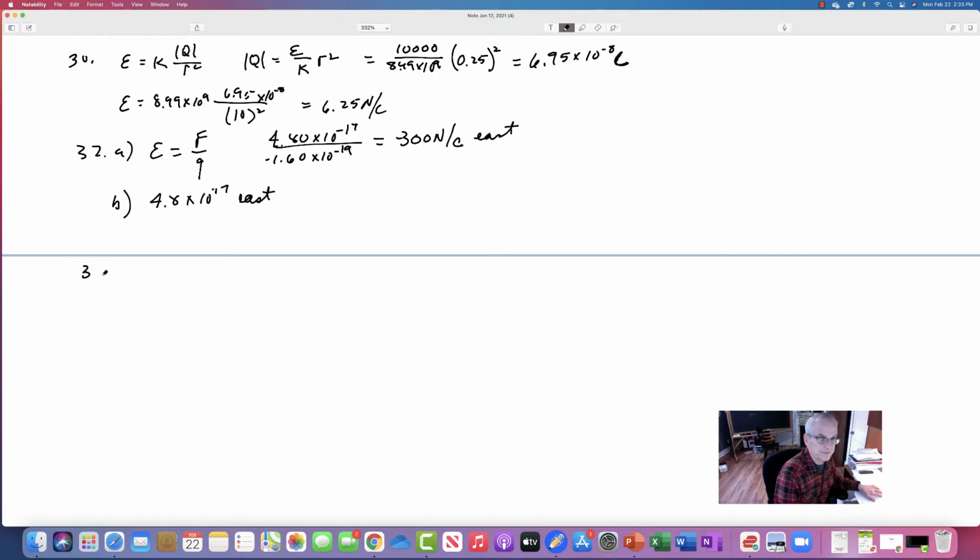33. Now, 33 and 35 are just drawing pictures. And there's a certain convention for drawing pictures that I'll point out here. So 33 is sketch the electric field lines near a point charge of 1 plus Q. Does the point do the same for a charge of 3 times that?